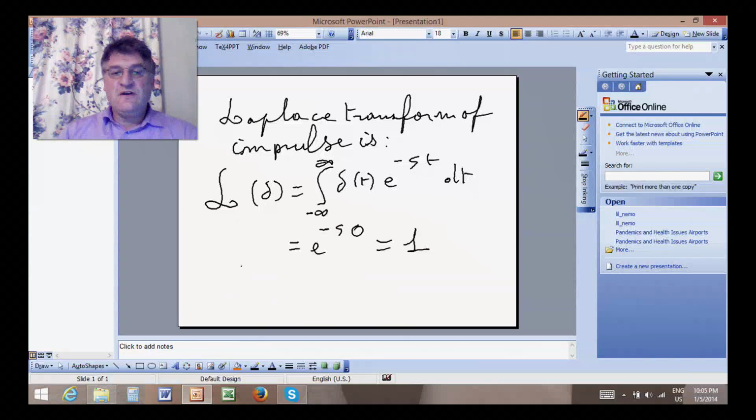So this is the value of the Laplace transform for an impulse.